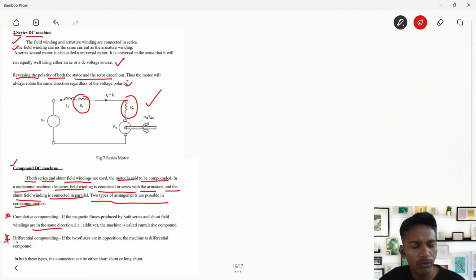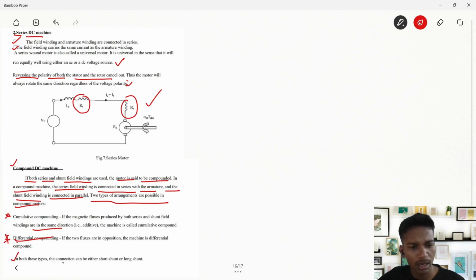In differential compounding, the two fluxes are in opposite directions. There is an opposition between the fluxes, which cancels out some of the energy useful in rotating the motor. So it is known as differential compounding.